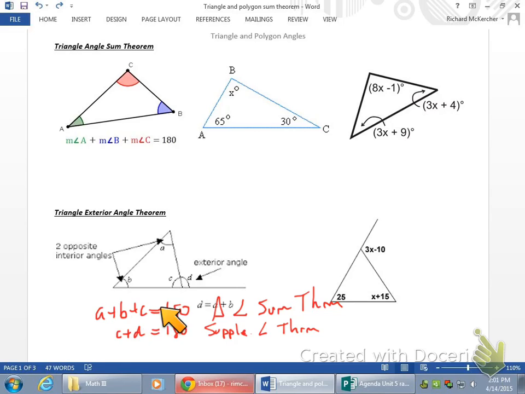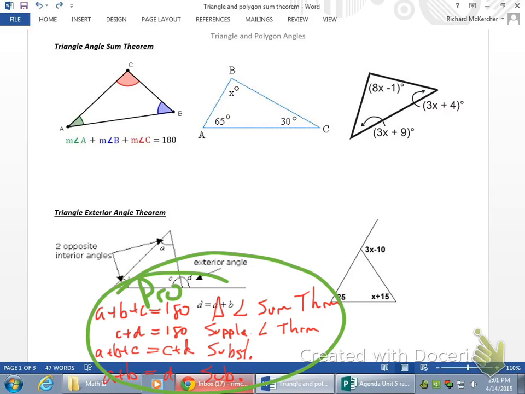Well, if A plus B plus C equals 180 and C plus D equals 180, then obviously the 180s are equal to each other, so that means that those two expressions are equal to each other. And that's by substitution. Now one more step, since I have a C on both sides, I can subtract that C from both sides, and you find out that A plus B has to equal D.